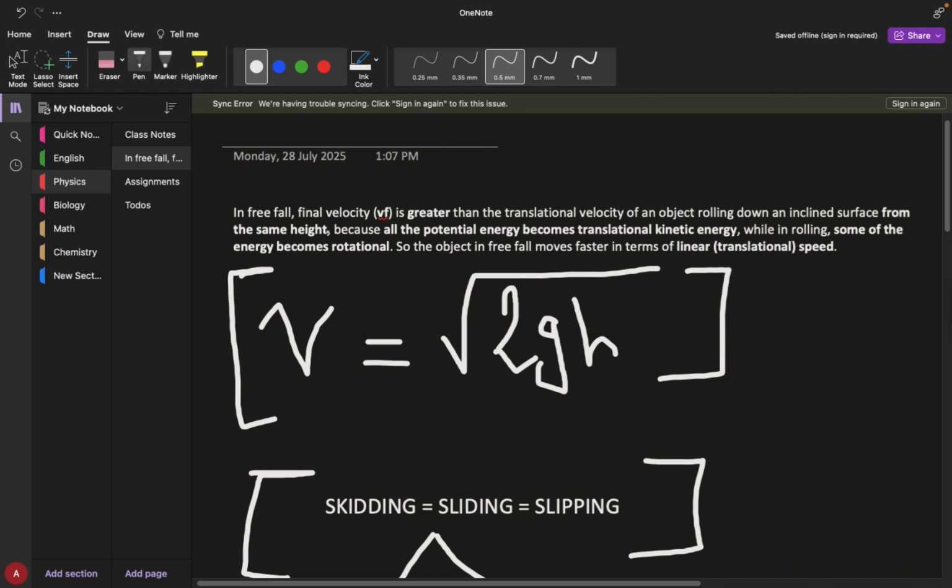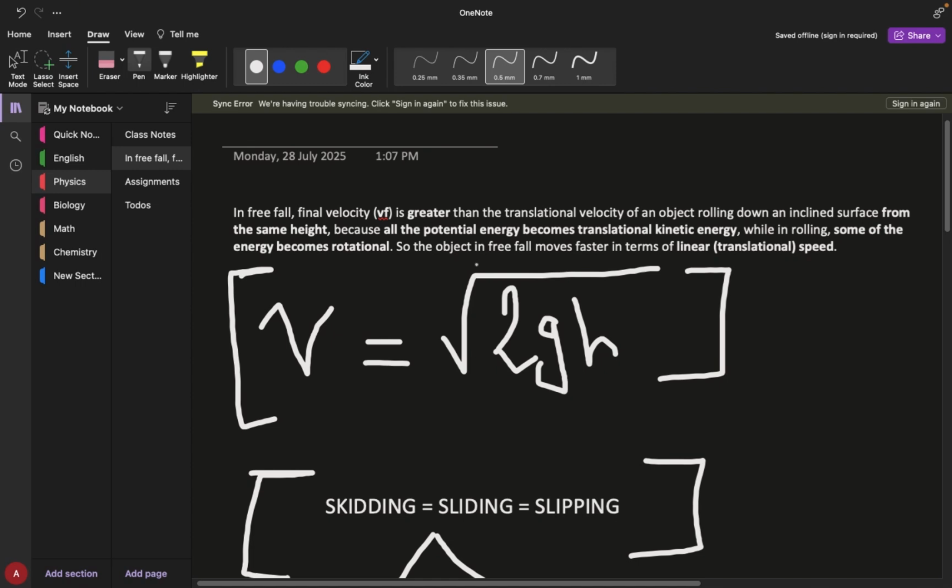It says in free fall, final velocity is greater than the translational velocity of an object rolling down an inclined surface from the same height, because all the potential energy becomes translational kinetic energy, whereas in rolling, some of the energy becomes rotational. So objects in free fall move faster in terms of linear translational speed.